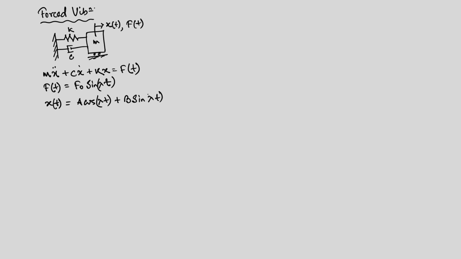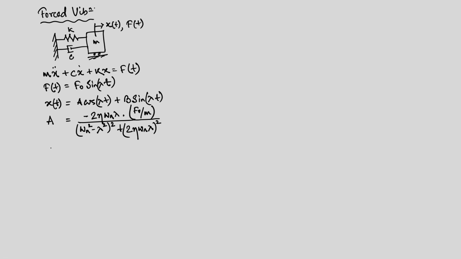And also we estimated the constants a and b. So, a is equal to minus twice eta omega n lambda divided by omega n square minus lambda square whole square plus twice eta omega n lambda whole square, and then this is multiplied by f naught by m.